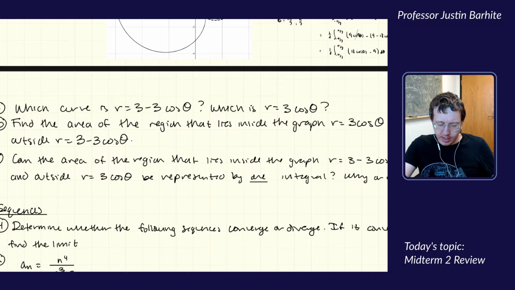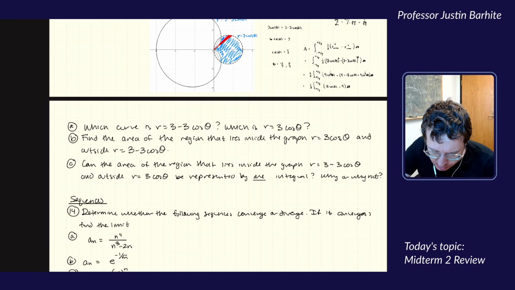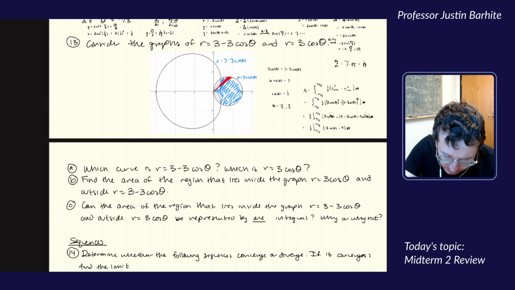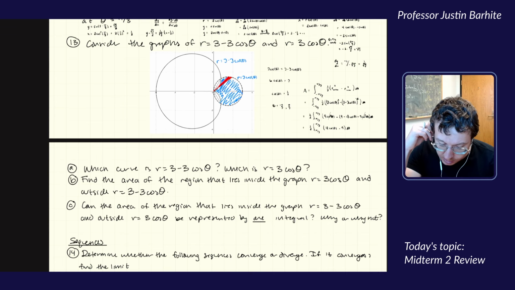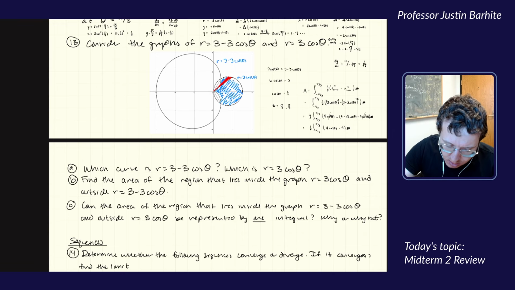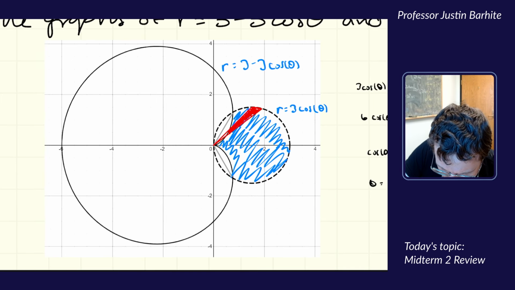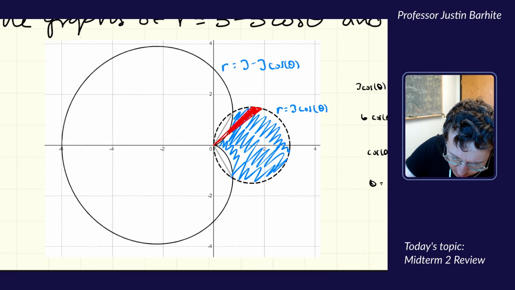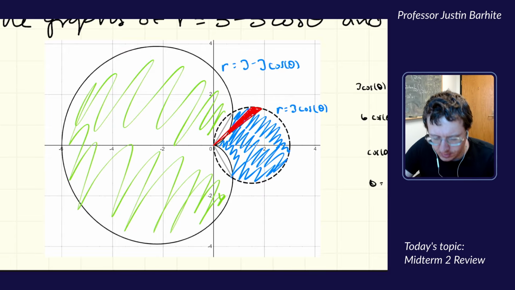The last thing they asked about in this question was finding the area of the region that lies inside this, I think that's called a cardioid, and outside the circle. So it's all this area out here. They're asking if we can do that with a single integral or not.